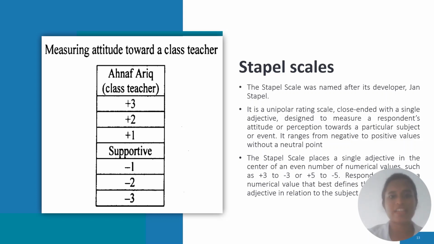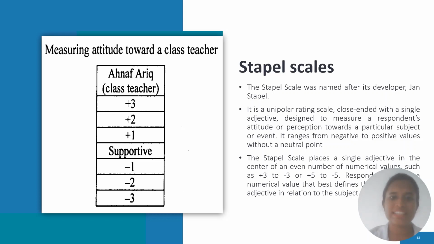It is a unipolar rating scale with a close-ended single adjective, designed to measure a respondent's attitude or perception toward a particular subject or event. It rates from negative to positive values without a neutral point.